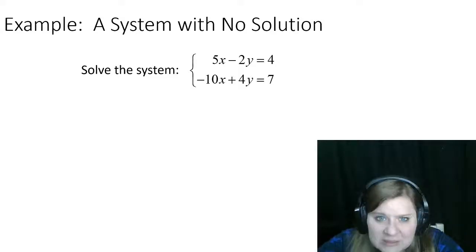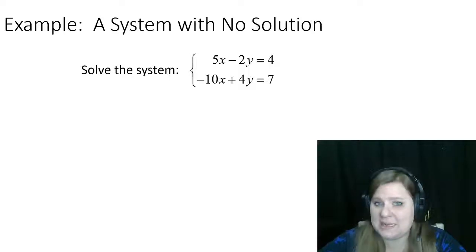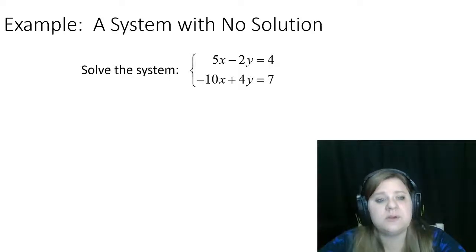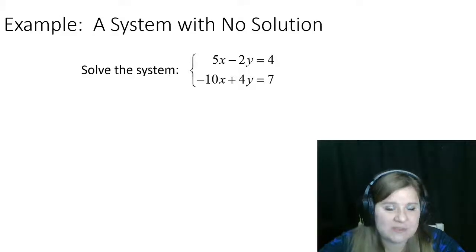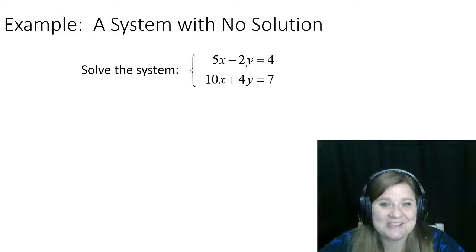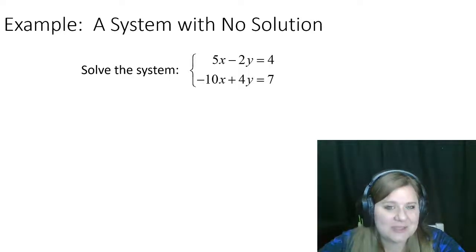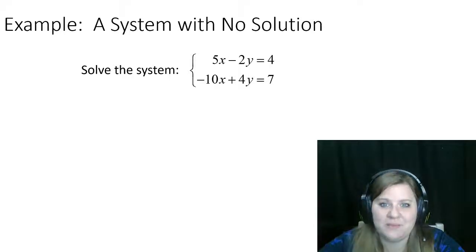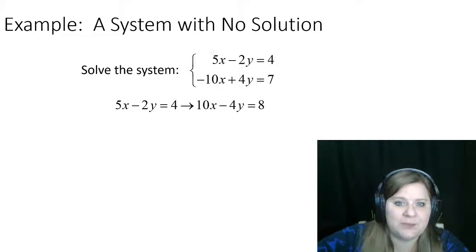So let's take a look at an example that you might see that has no solution. So in this system, I see that this kind of looks like it should be solved by addition because it's already in the correct format. So I asked myself, okay, what could I multiply through by to make the coefficients match but be opposite signs for one of my variables? Well, I'm going to multiply my top equation through by 2.